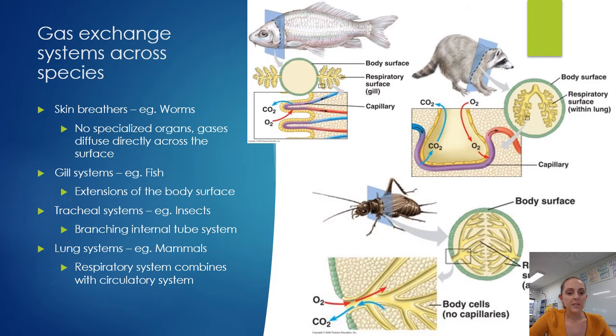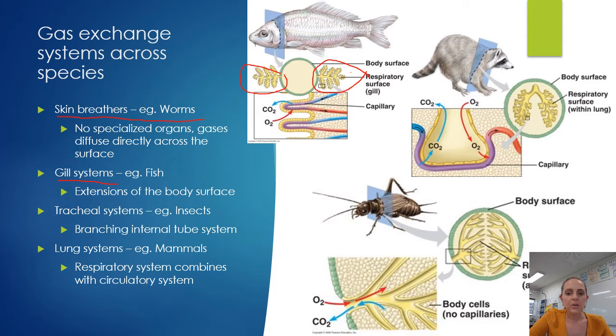Okay, so we've talked about skin breathers, such as the worms, where they don't have any specialized organs and gases go straight across the body surface. Let's have a look at some of the other gas exchange systems across different species. So firstly, we've got the gill system, which we can see up here with the fish. And you can see that the respiratory surface here are these gill extensions that come off the body of the animal.